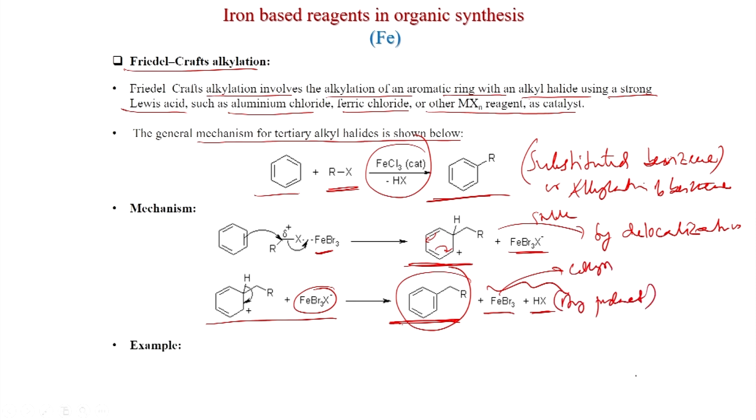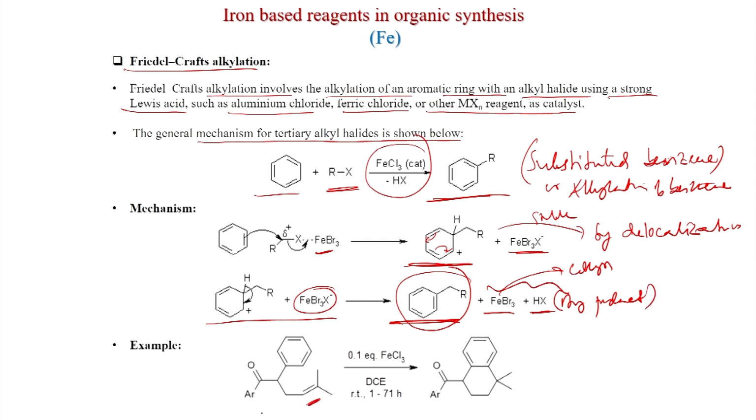The catalyst is regenerated. For example, this one, if you see this substrate, there is an olefin here and there is a ketone here, but if you see this benzene has the substituent here, now this ortho position is here or here, but both are same. Now, if this one attacks here, the carbocation which is stable will form. So, this is the tertiary carbocation, so this will be stable. So, this carbon attacks here.